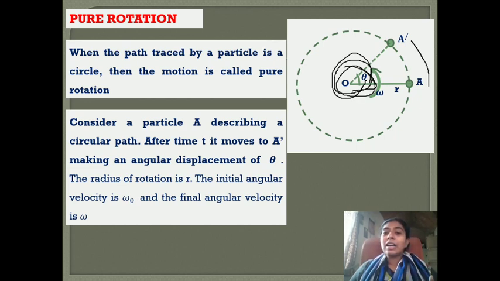Now r is the radius of rotation, that is OA. O is the center of rotation, r is the radius of rotation. The initial velocity is taken as omega naught and the final velocity is taken as omega. So omega is nothing but the velocity.